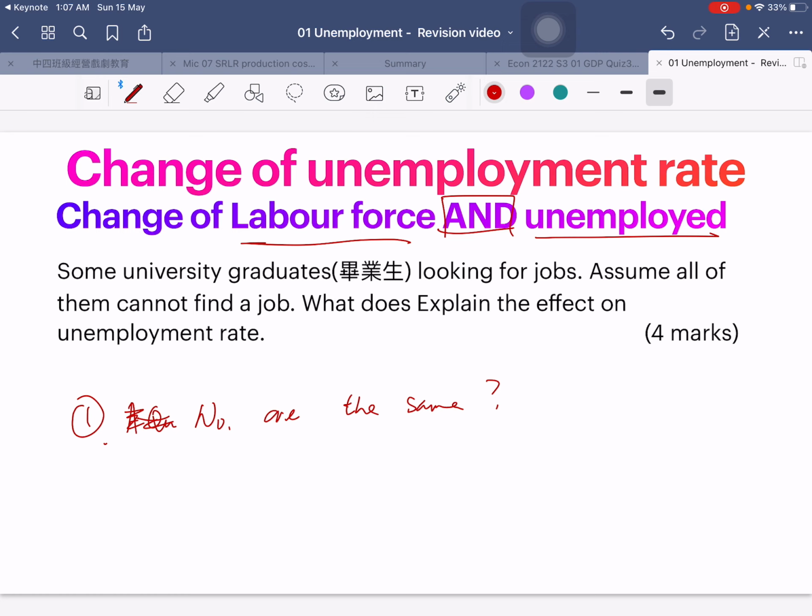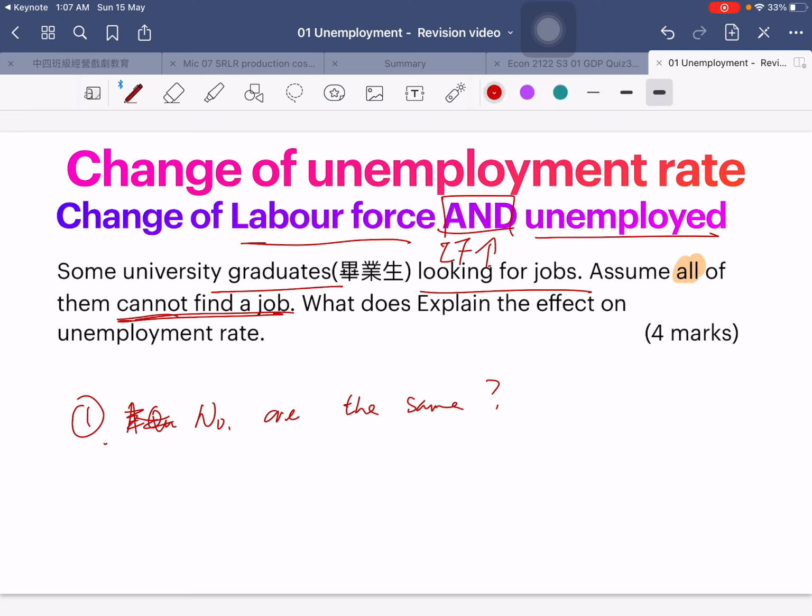So if they are the same, then the answer will be known. Okay, so let's see an example: some university graduates looking for jobs. That means the labor force increases. They change from full-time student to the labor force, right? And then assume all of them cannot find a job, and here is one magic word, all of them.